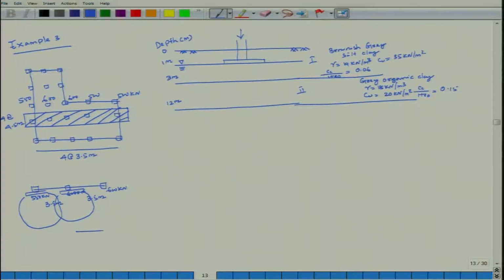I am taking a strip foundation here, and over the foundation all your column loads are acting. That means it has one size, and once you take it, suppose this is one row, similarly you can take another row here.